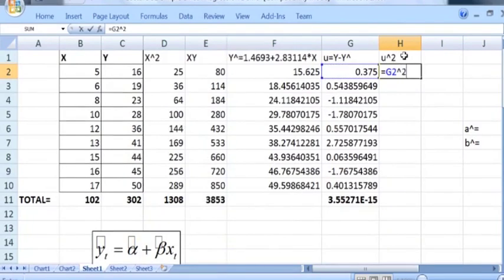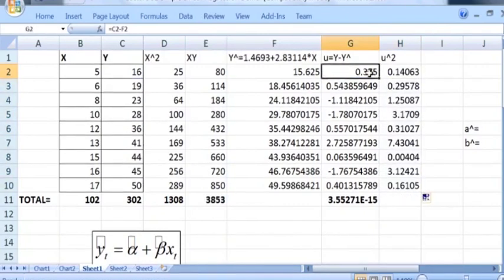So this value G2 square. Press enter and now copy it down. I'm squaring it because this is y minus y hat, so square means y minus y hat whole square.